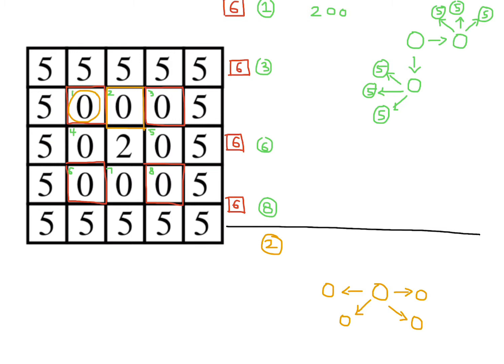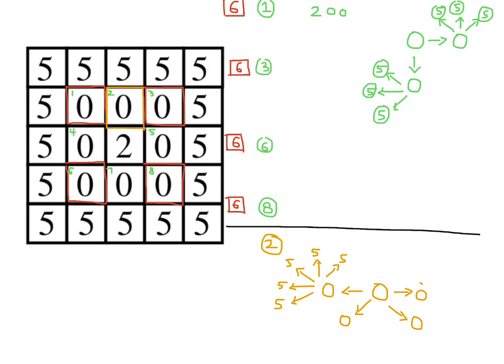All right, let's draw that in. So 1, 2, 3, 4, and 5 ways. Now let's concentrate on this guy. That 0, how many 5s? 1, 2, 3, 4, 5. Exact same.